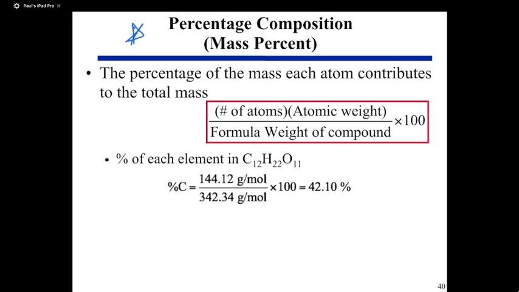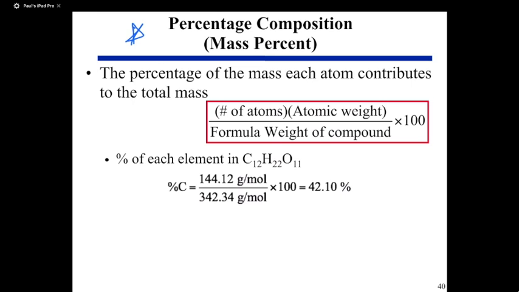And to get a percentage, you multiply it by 100. So the percentage of carbon in this compound, if you take the 12 carbons times 12.01 grams, that would be the weight of just carbon. This is the weight of the whole, and you multiply it by 100 and you get 42%.